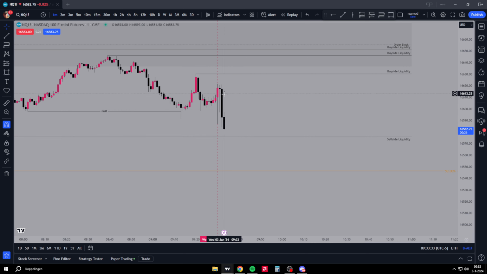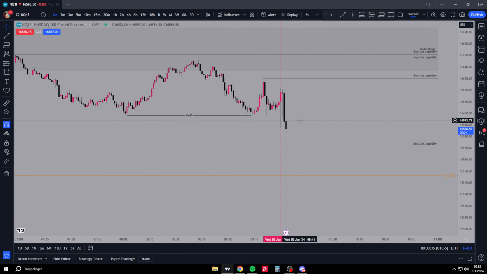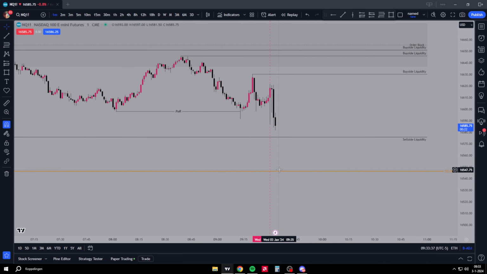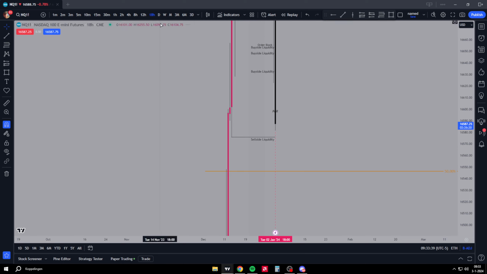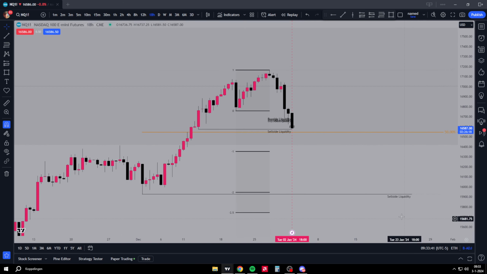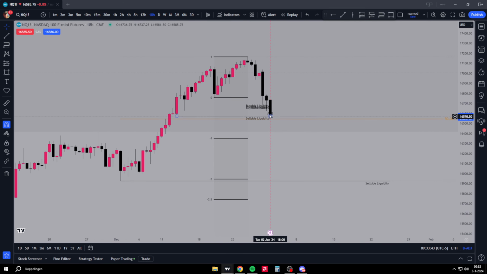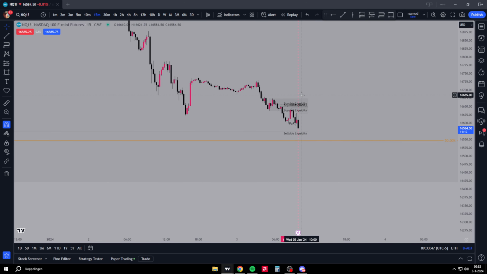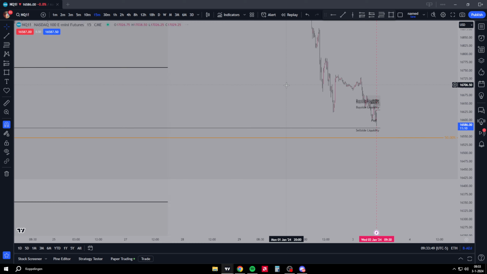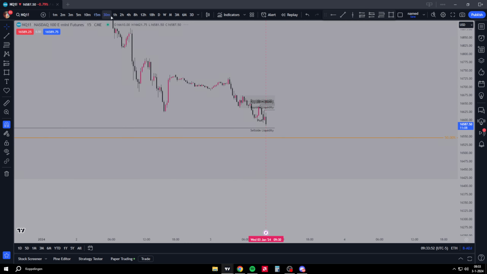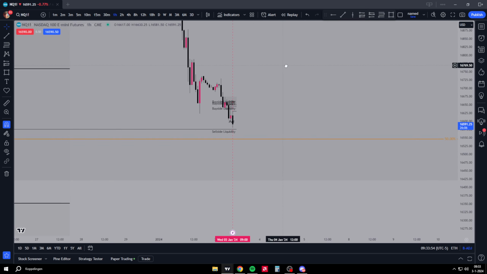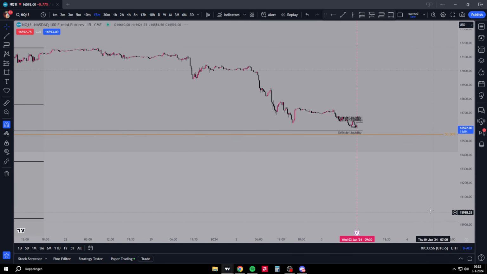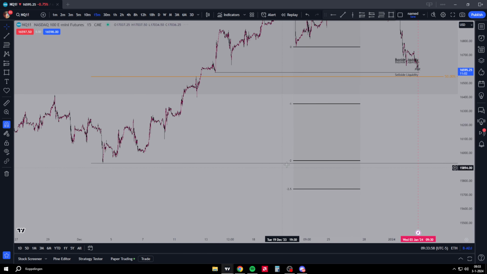Yeah, I would say this would be our Judas swing. I don't want to see us go lower all the way to equilibrium. And then where could we go? We could go back to the highs. Yeah, I would say we go back to the highs, because this is definitely our target, probably.